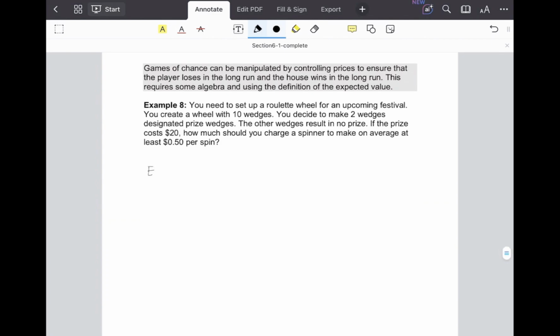Okay, so I'm going to write down a table again. Put events, and then return, and probability. And there are 2 events that could occur.